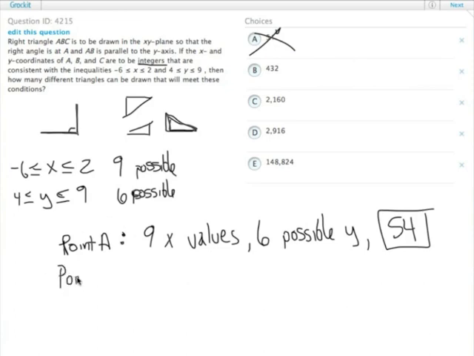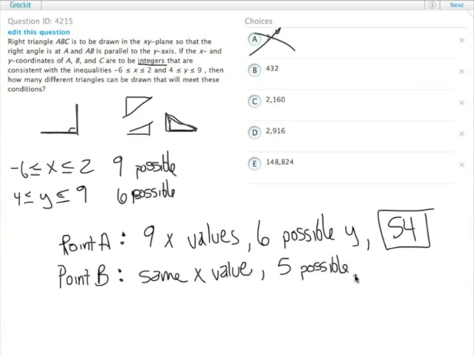Anyway, point B, this is where it's important to remember that it's a right triangle. AB is parallel to the y-axis, so it's a vertical line. This means that point B is going to have the same x value. So it's going to be lined up vertically, so the x value is going to be the same as whatever point A is, that means there are 5 possible y values.